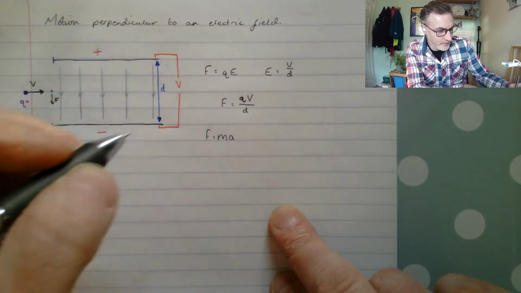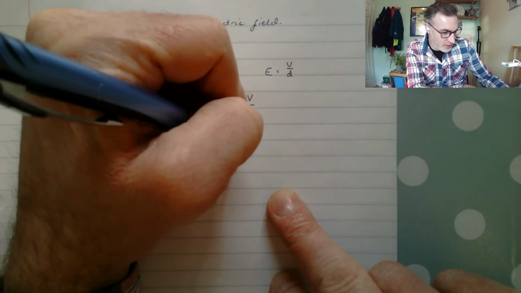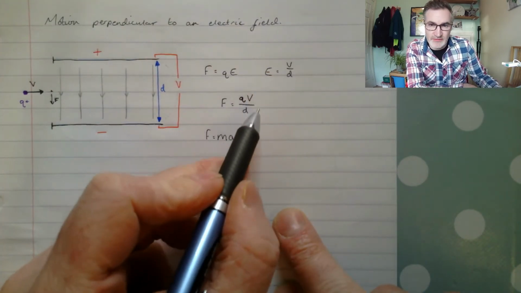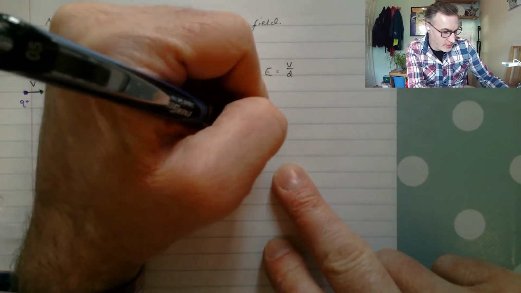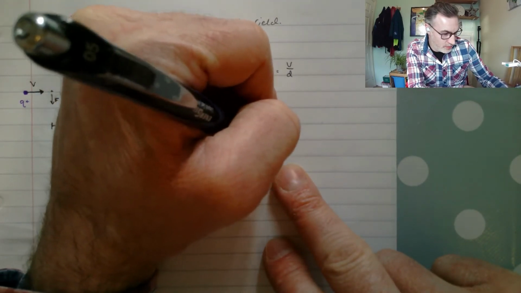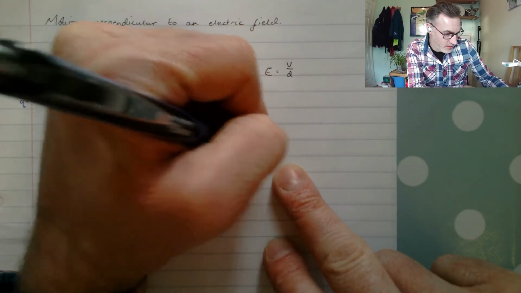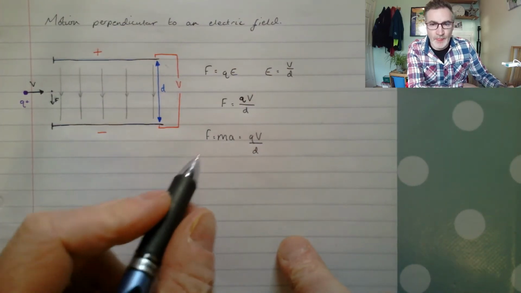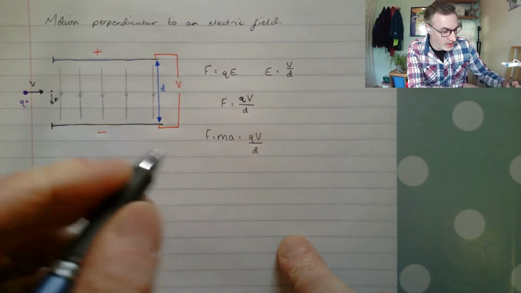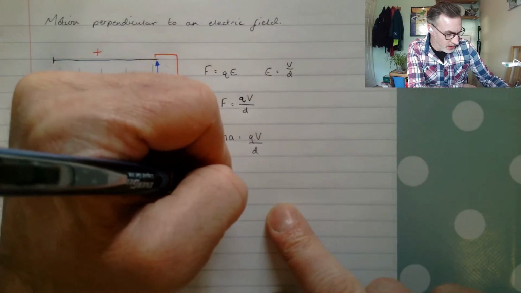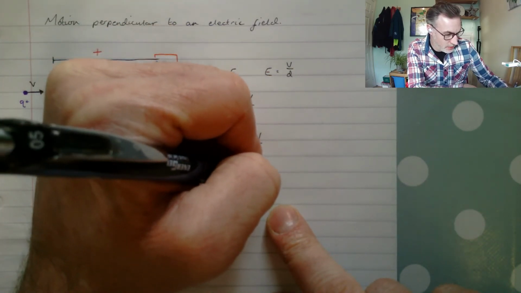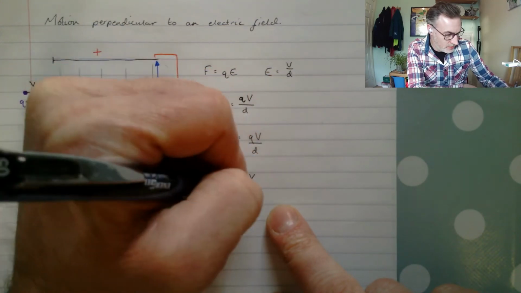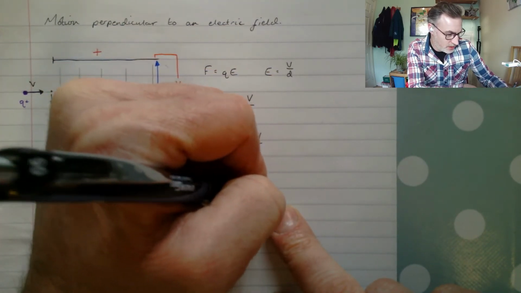So F equals ma, which is also going to equal what we've just derived as the force that the electric field applies to it, QV over D. Rearranging this for a, we get a is equal to QV over MD.